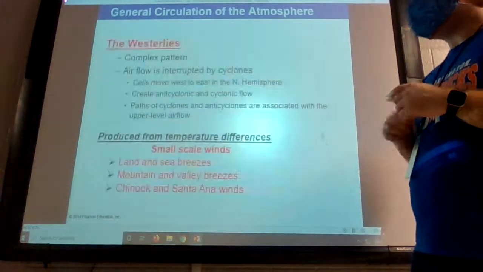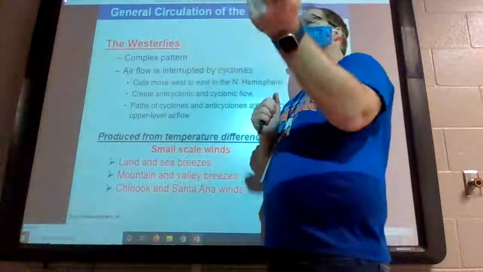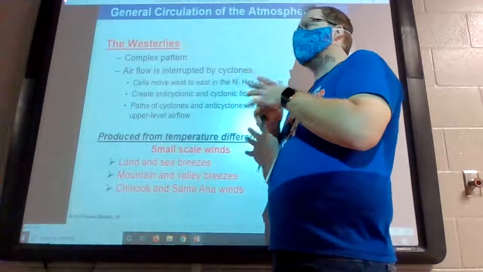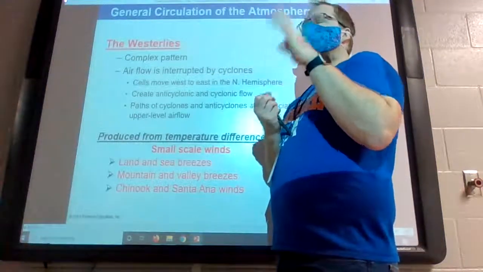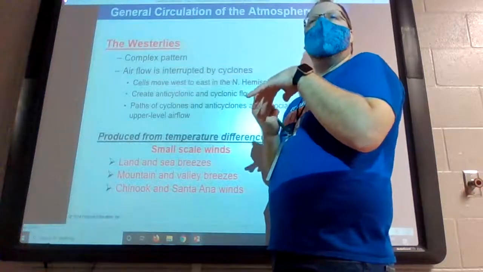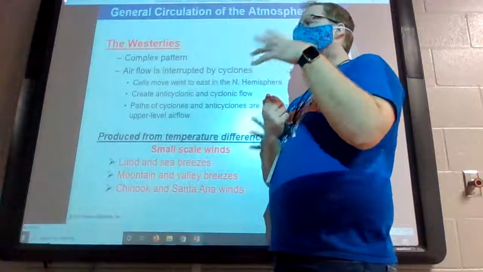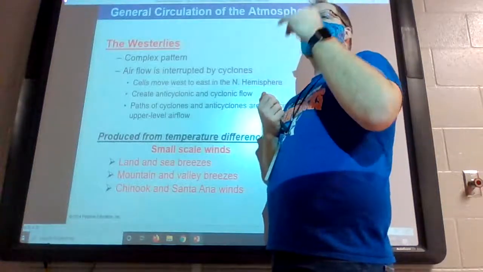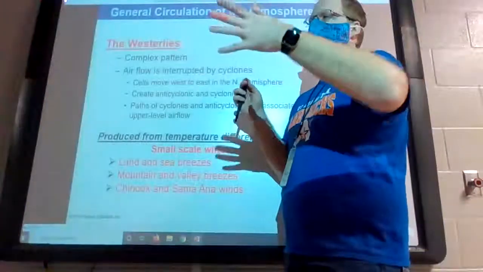So they talk about westerlies. Westerlies are going to move from the west towards the east, and I'll go ahead and take this moment to tell you that when we talk about winds, we tell you the direction the wind came from as opposed to which way it's headed. The direction it came from is more important. So if I say there's a north wind, it's coming from the north to the south, and because it's coming from the north, I can expect it to be cold.